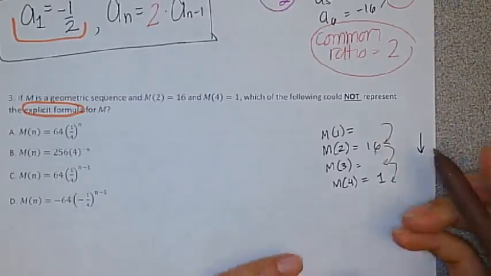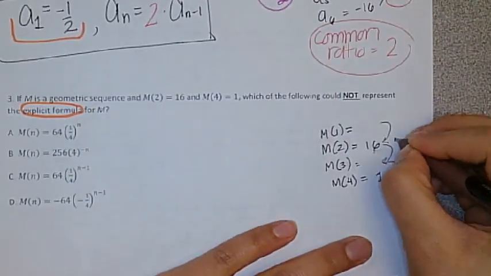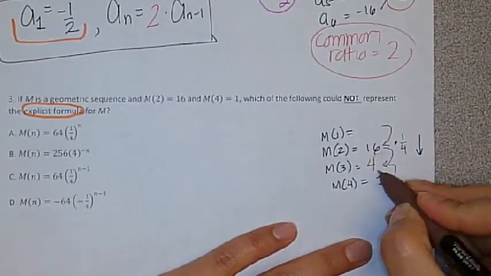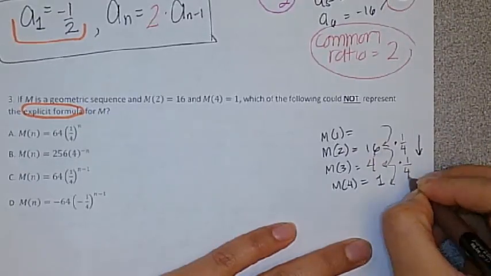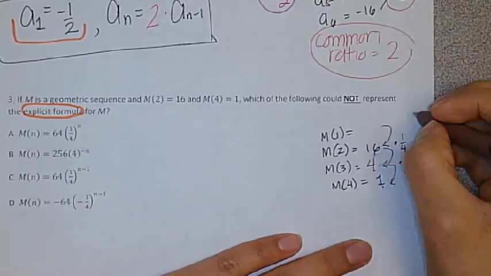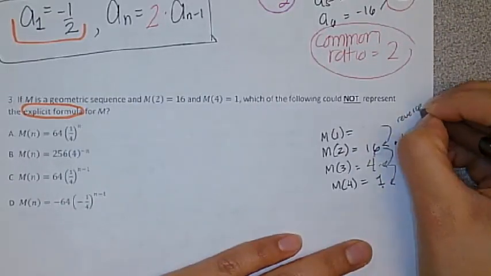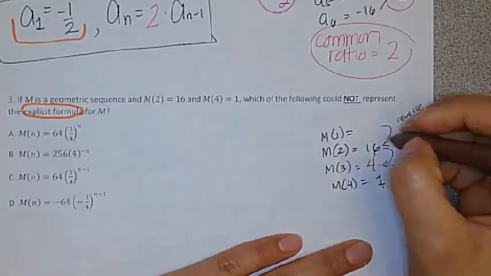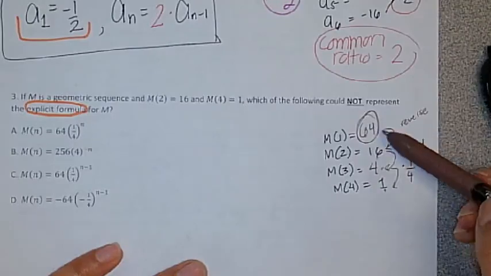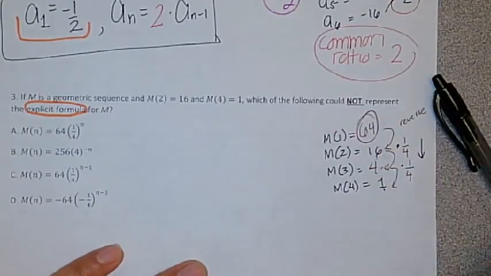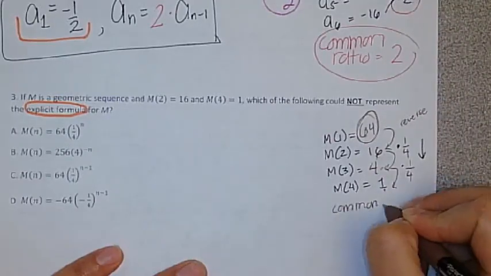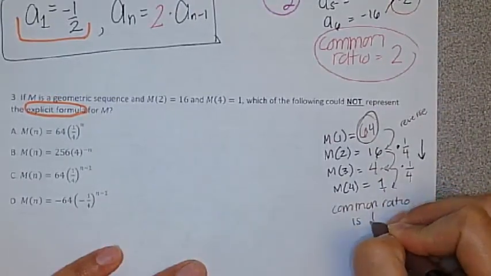I feel like if I divide by 4 or times 1/4, this would give me 4, and times 1/4, this would give me 1. So in order to get the first one, I'll reverse, and with times 4, this would have to be 64. Okay, and now it works. 64 divided by 4, 16 divided by 4, 4 divided by 4, 1. So my common ratio is 1/4.